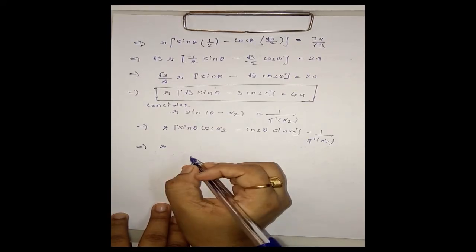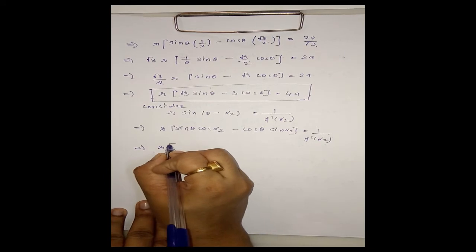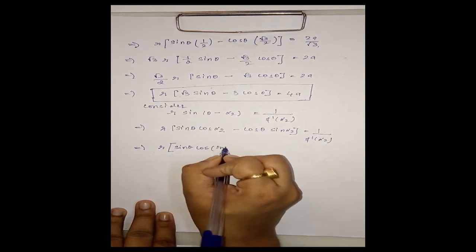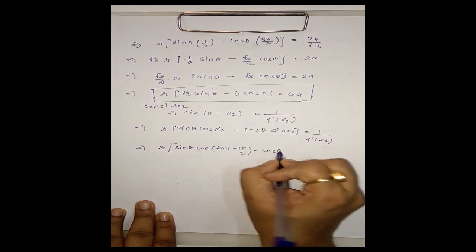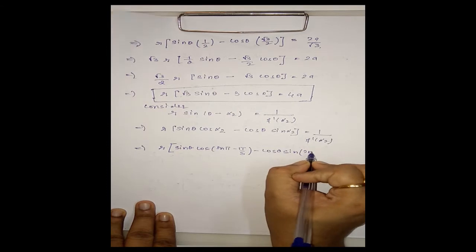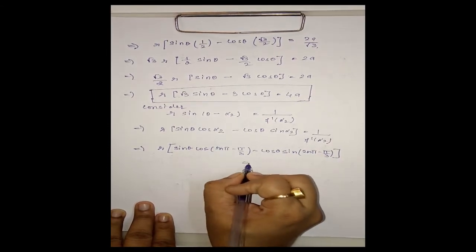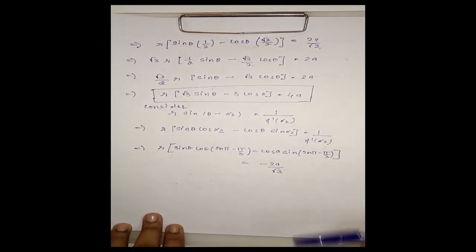Now on substituting the value of alpha 2, I get sin theta cos(2n pi minus pi by 3) minus cos theta sin(2n pi minus pi by 3) is equal to minus 2a by root 3.